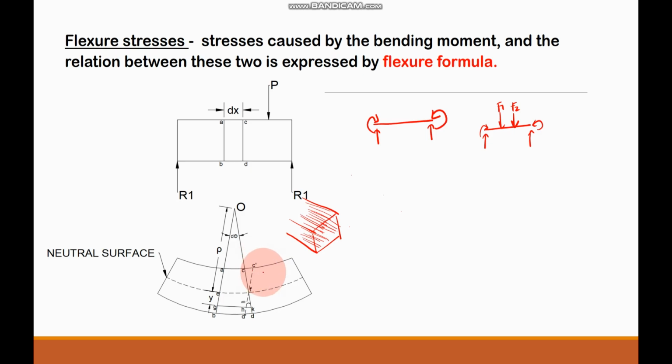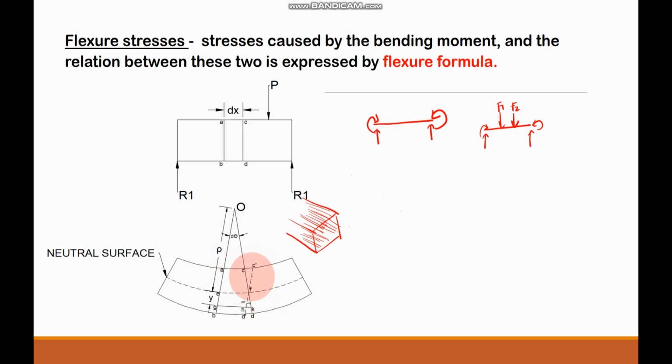So, fiber AC, so yung fiber natin at the topmost part is shortened, and fiber BD, which can be seen at the bottom part ng ating beam, is lengthened. So, kung ito yung original length ng BD natin, mapapansin nyo, nagkaroon siya ng increase in length. And also in AC, nagkaroon siya ng decrease in length.